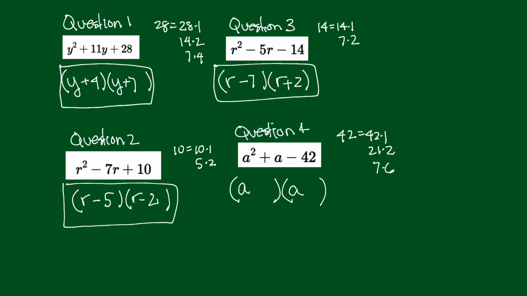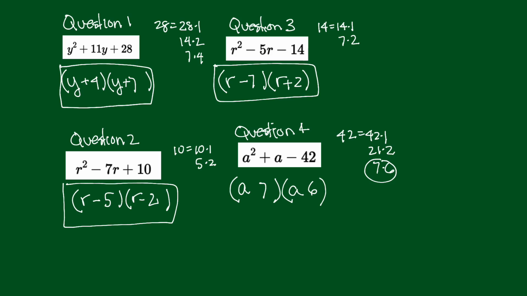Oh, I see it now, right? 7 and 6. I can get a 1 out of that. If I add these two together, or subtract them actually, I can get that 1. So I'm looking for two numbers that when I multiply together, I get 42, but when I combine them by adding or subtracting, I'll get that 1. So I can use a 7 and a 6, or a 6 and a 7.